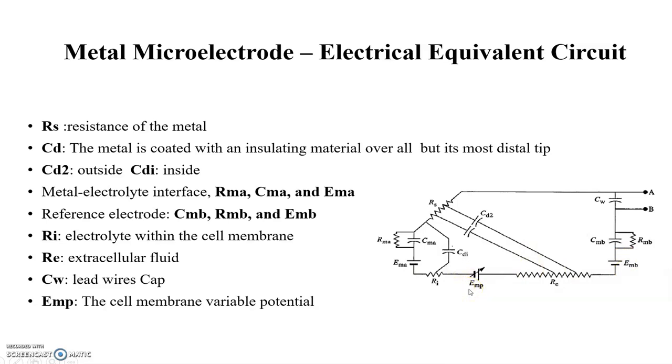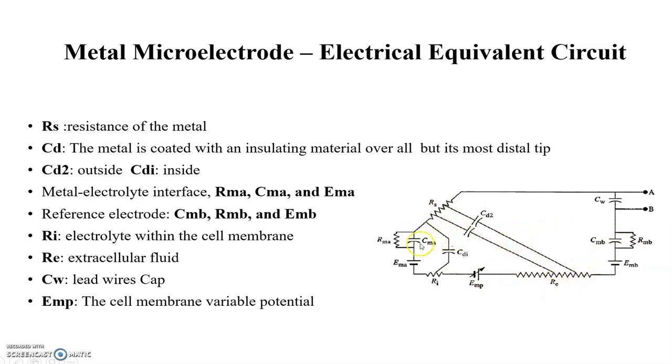RS is the resistance of the metal microelectrode, and RE is the resistance of the extracellular fluid. These two resistance values are very small, that is, negligible. CD is the distributed capacitor.